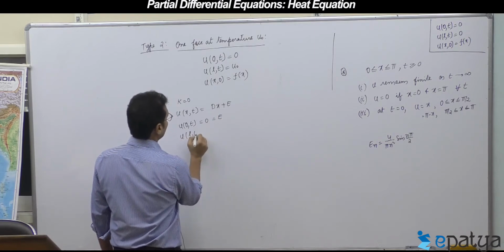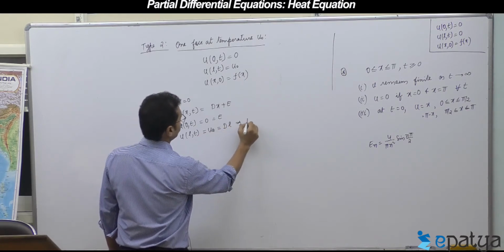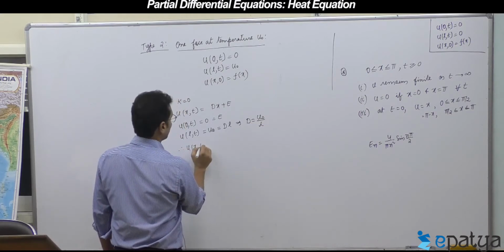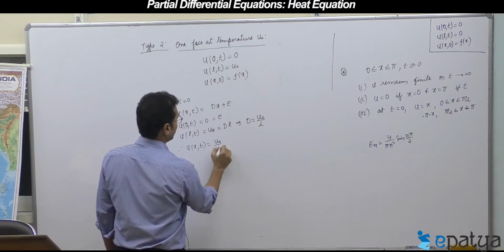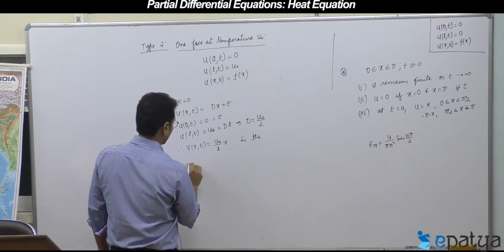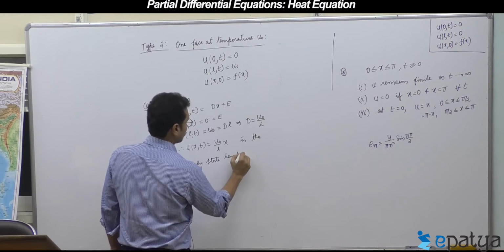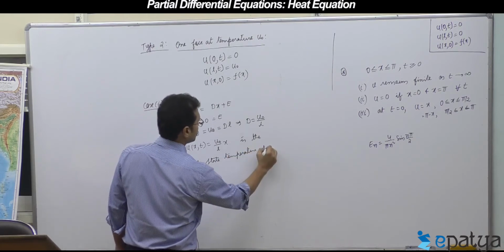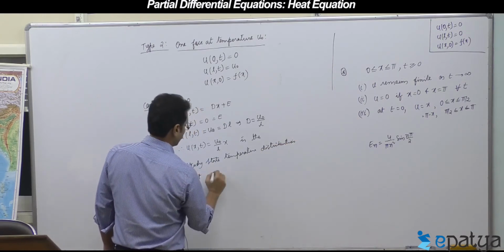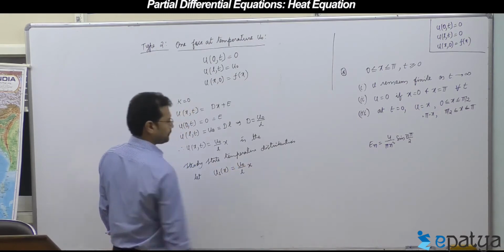U of L comma t is equal to u0, which is d into L. Therefore d equal to u0 by L. Therefore u of x comma t equal to u0 by L into x is the steady state temperature distribution. Let us of x is equal to u0 by L into x.